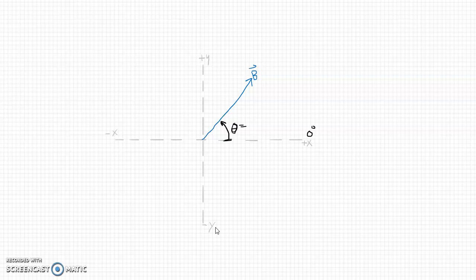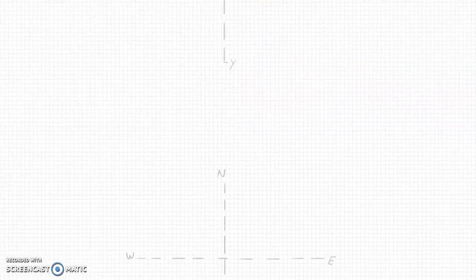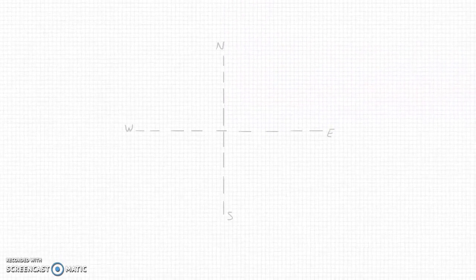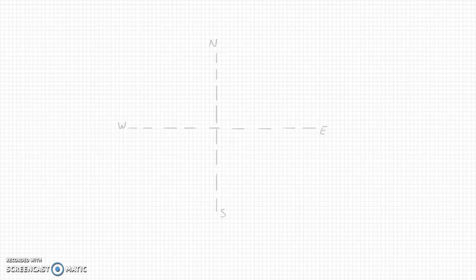I don't have a protractor here, so we're going to say it's just 60 degrees or so. And that's how you'd do it in your math class. Well, I'm not your math teacher, so we're not going to exactly use that, although that is very valid for your math teacher. In physics, when we talk about directions, we're generally going to speak in terms of north, east, south, and west.